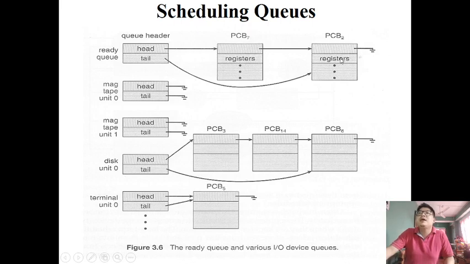Furthermore, in the beginning of the list there is something called the header. In the head, the address of PCB 7 is stored, and in this field of PCB 7, the address of the next PCB is stored. This is how a linked list is made, and the operating system maintains the information about the queue with the help of the linked list. So this is all about the ready queue.